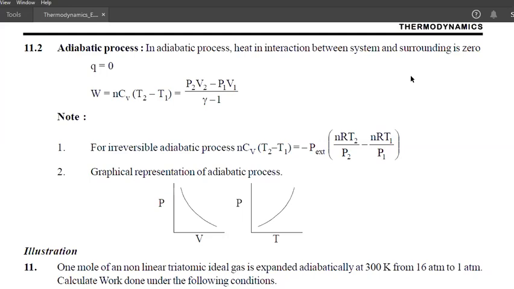So that is the information. Try to solve this problem. Everyone, please solve this problem.